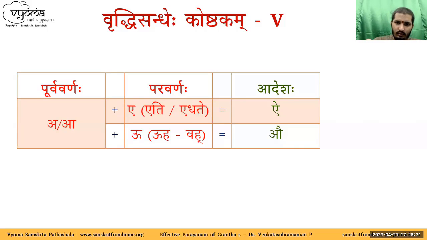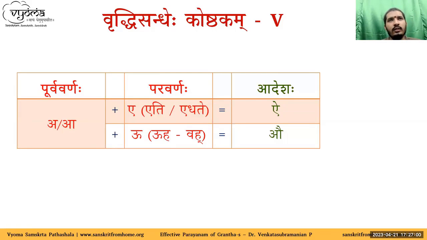So these dhatus in Sanskrit are 2000 in number. Among them, there is one dhatu called Vah. So here Uha, which is given in the slide, should be a modification of the dhatu Vah only.